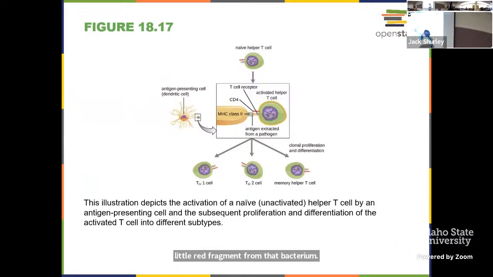The MHC2 protein is showing it, and the undifferentiated T cell makes contact with this, sees it. This CD4, this is another protein that basically helps to stabilize and facilitate the possible exchange.